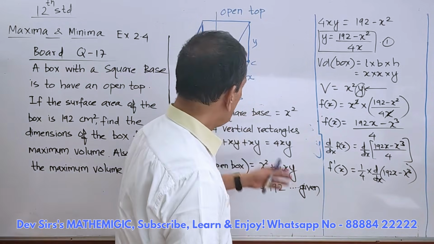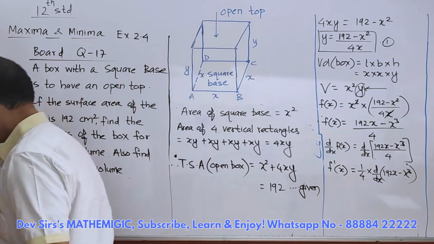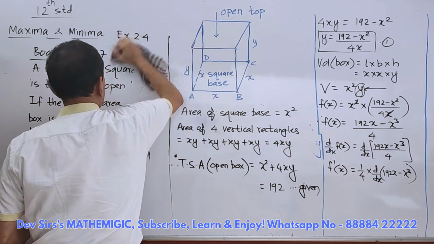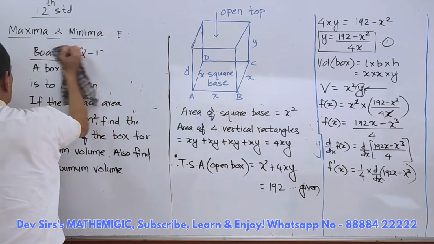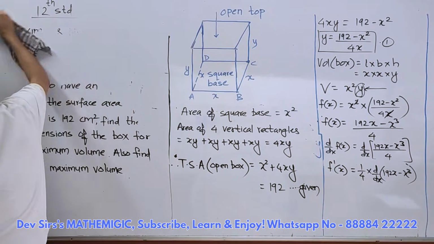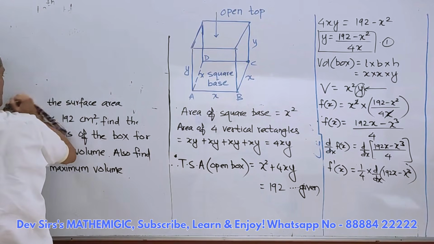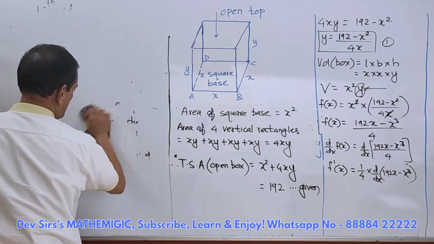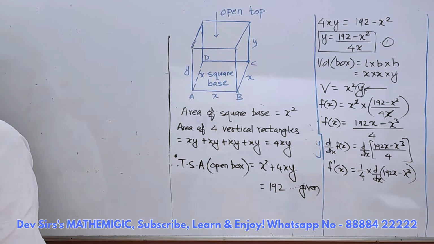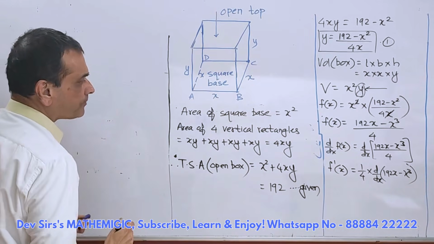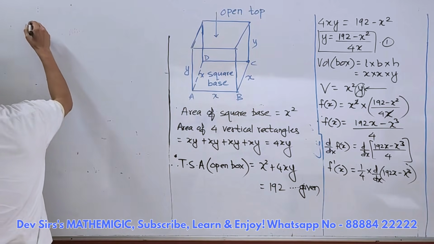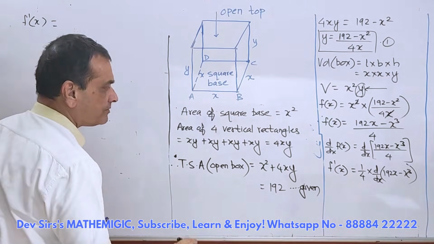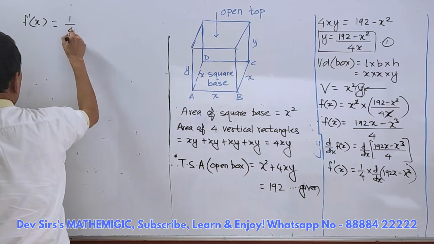So let us find f dash x first. I will calculate now. One by four constant बाजू को रखा है.